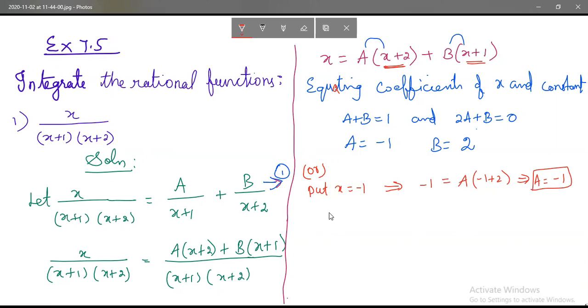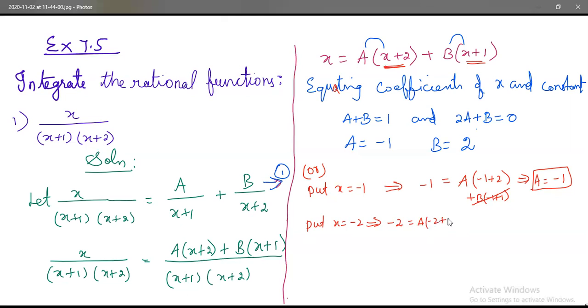Now you put x is equal to minus 1 in the second term, and it becomes 0. That's why we left it. If you want, you can write plus B into (minus 1 plus 1), and it vanishes. Minus 1 plus 1 is 0, B into 0 is 0. Now you can put x is equal to minus 2: left side it is minus 2, and right side it is A into (minus 2 plus 2), which completely becomes 0, plus B into (minus 2 plus 1).